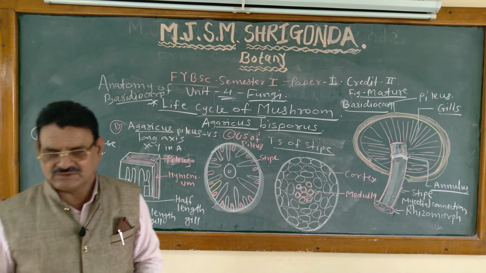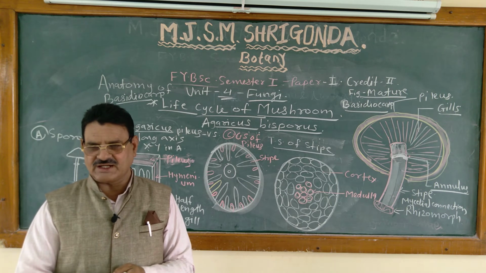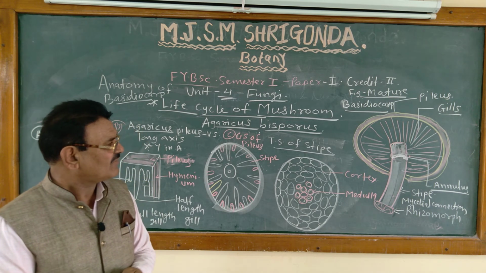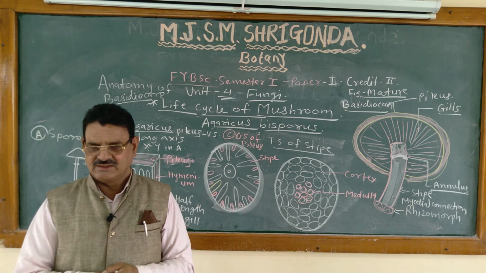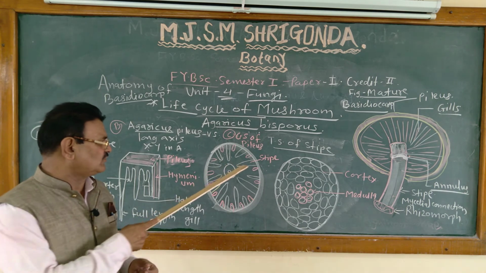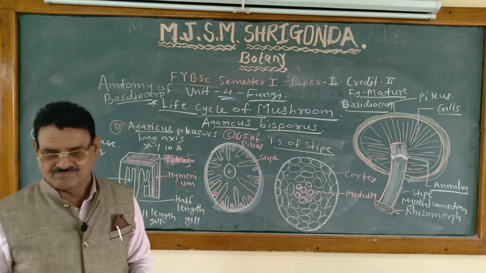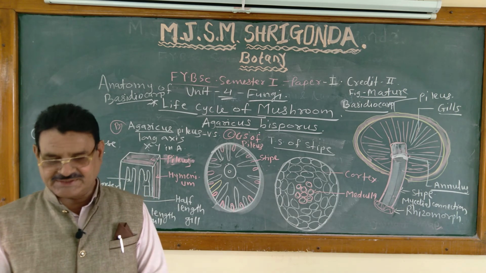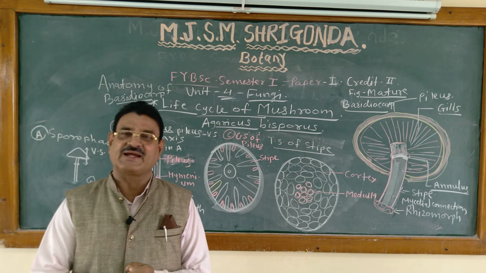From the underside of the pileus, 300 to 600 strips of gill layers are present. These tissues are called lamellae. The gills are white or pinkish in young condition, and brown or purplish black at maturity.